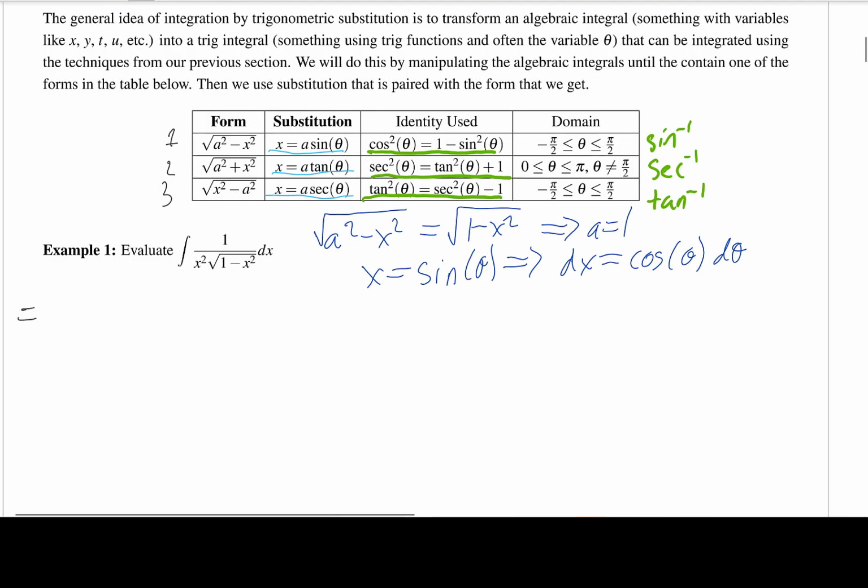Okay, so this integral becomes the integral of 1 over, so x squared, that'll be sine squared theta, times the square root of 1 minus x squared, so 1 minus sine squared theta, times, and then dx is equal to cosine theta d theta.